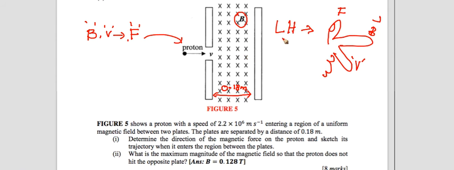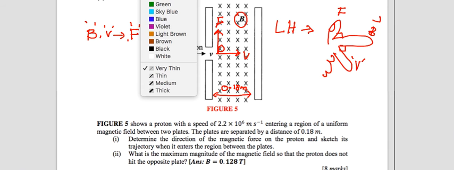So if you use the left hand here, the direction of B is into the page, and this is V, this is B, and the force is here, because F_B is 90 degrees, so using the left hand, the direction of the force is upwards.